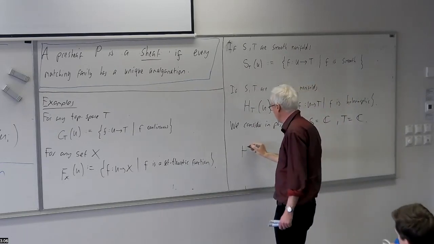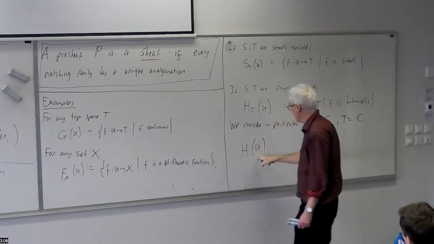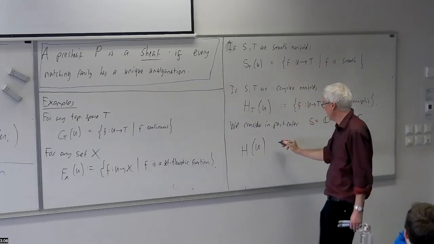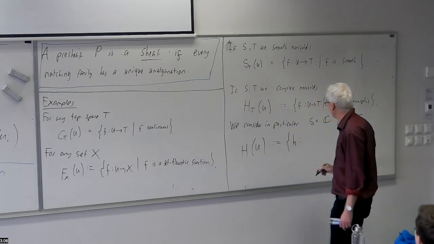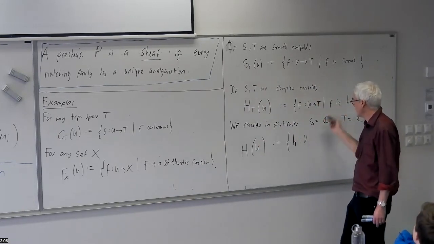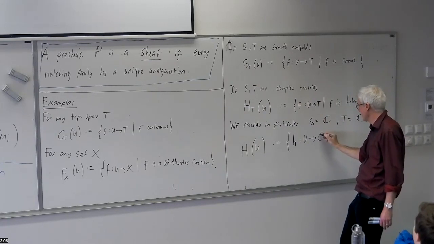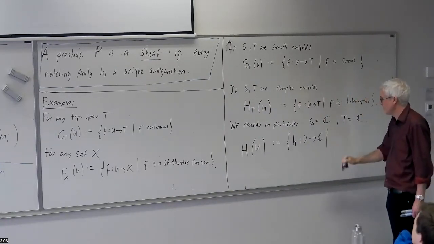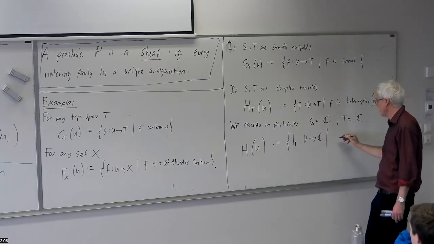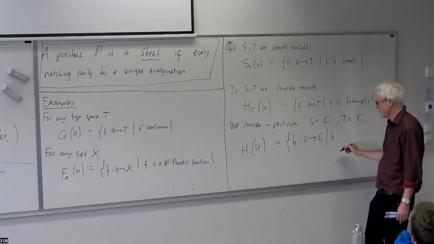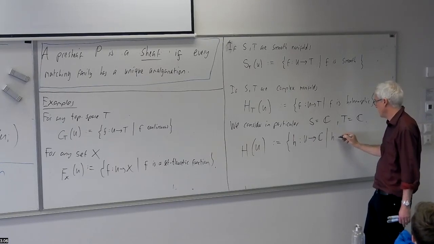So H of U, where U is now an open set of complex numbers, is the collection. Let's now use H. This is going to be holomorphic functions, what it was before, but anyway, I'm now going to start using H. So it's all complex valued functions defined on the open set U that are holomorphic.